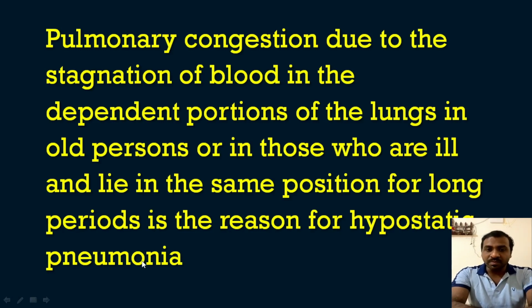If the patient is kept in a dependent position for a long time, there will be stagnation of blood in the lungs, especially in older persons and critically ill patients lying in the same position for a longer period of time. So this is the reason for the hypostatic pneumonia.